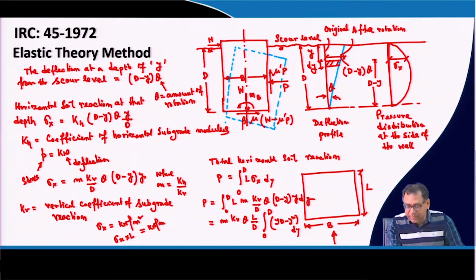Then the moment due to P, which is the force due to the side soil reaction. Then because of mu dash P, which is due to the friction between the side wall and the soil. So the summation of these three moments will be equal to the applied moment, because the applied moment direction is from left to right and the direction of the other three moments is from right to left.